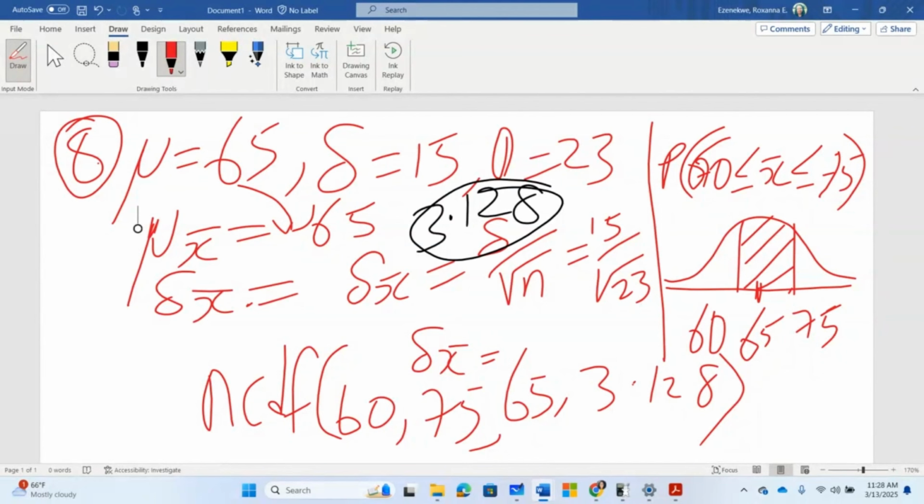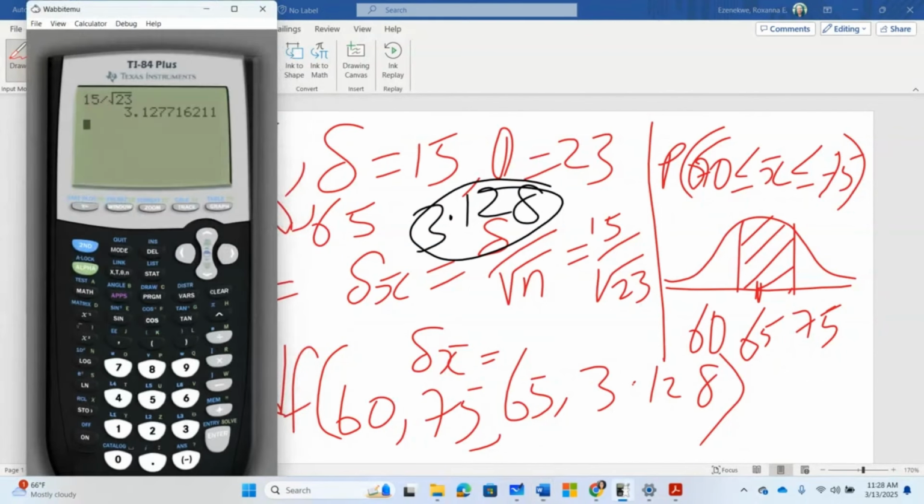Now I am going to get my calculator and answer that question. I calculate the normal CDF starting from 60, the upper number is 75.